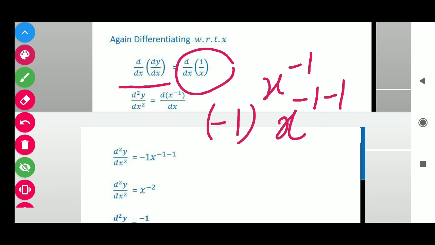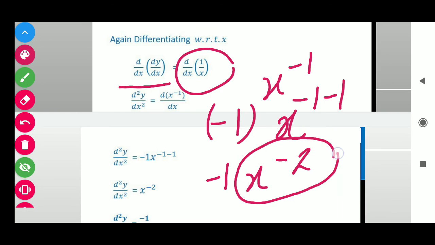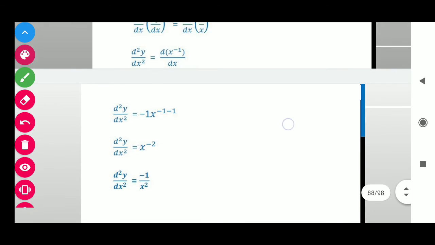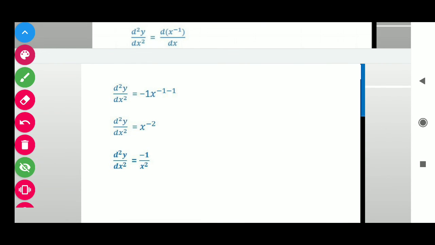In this way we get minus 1 x raised to the minus 2. But students, remember one thing, power should always remain positive. So for that you should take x raised to minus 2 in the denominator. So students, in this way we get d square y over dx squared equals minus 1 over x squared.